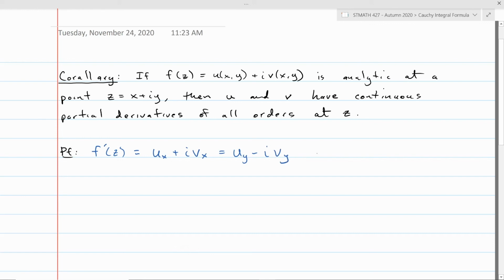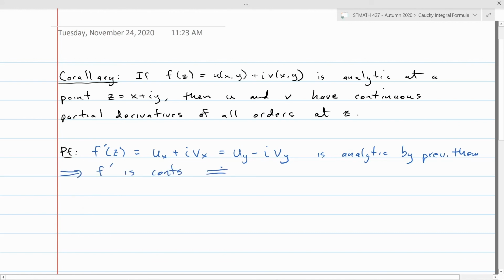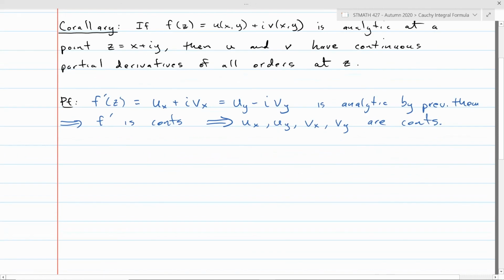We just established that f prime is analytic, and we know that analytic implies continuous. So that tells me f prime is continuous, which in turn, we know that anytime a function is continuous, then its component functions are continuous. So we just established here that ux, uy, all these first order partials, vx, vy, are continuous. Well, that was easy. Okay, so there's the first order ones.